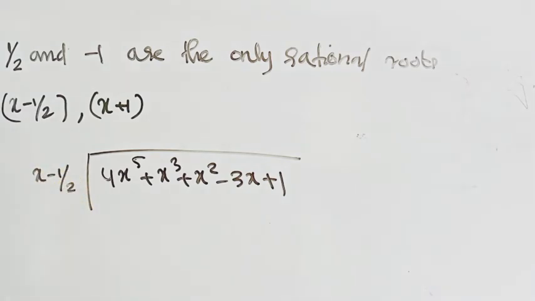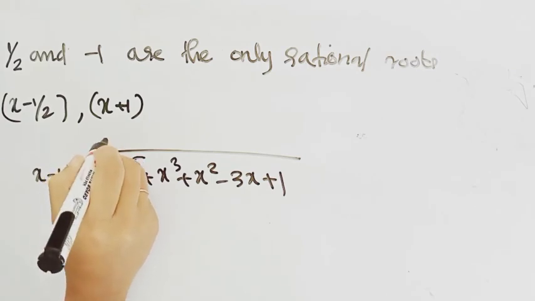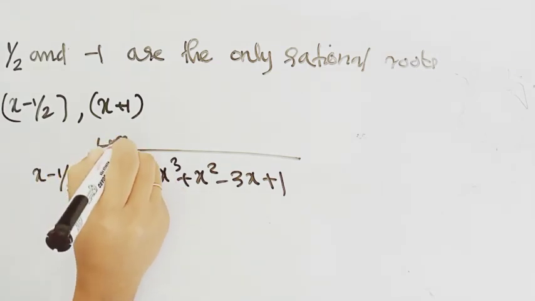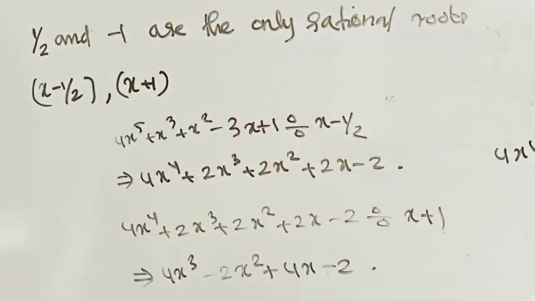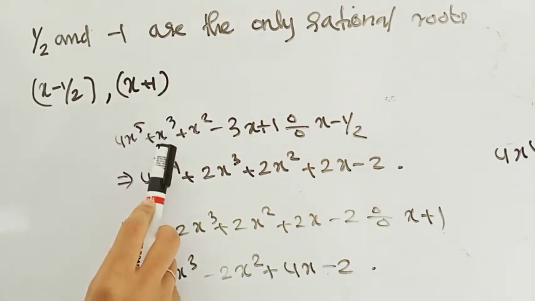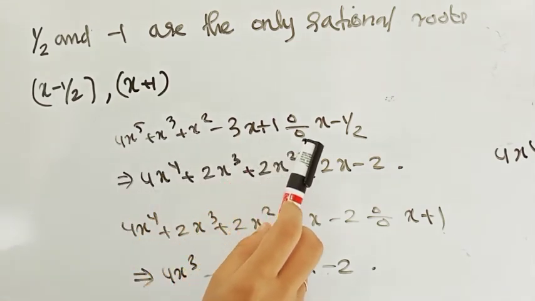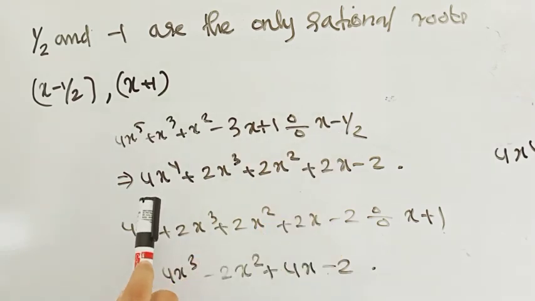So we have to divide our equation by x minus 1 by 2 and x plus 1, so that we can get all the roots of this equation. By dividing 4x raised to 5 plus x cube plus x square minus 3x plus 1 by x minus 1 by 2, we will get 4x raised to 4 plus 2x cube plus 2x square plus 2x minus 2.